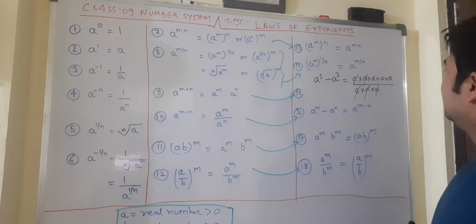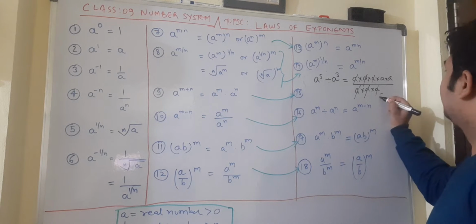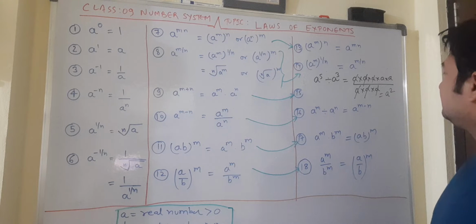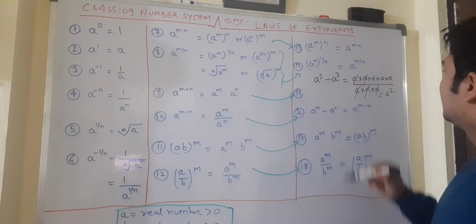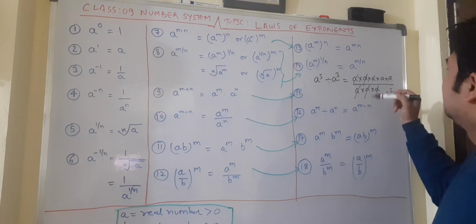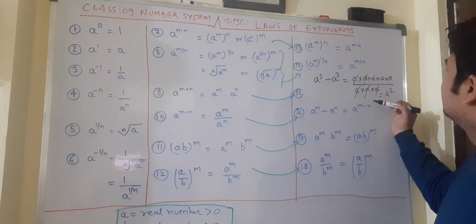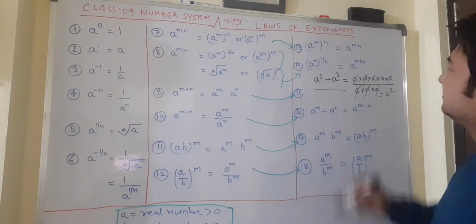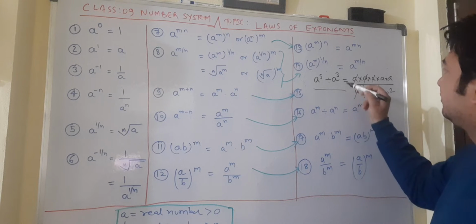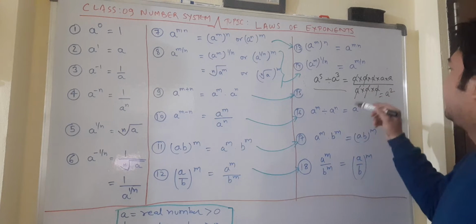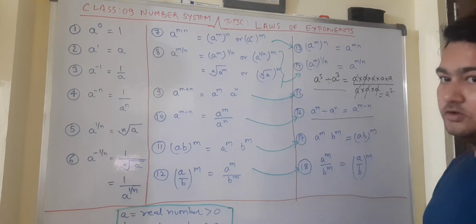So a to the power 2 will remain, a into a is a to the power 2. Because the 3, the smaller one, gets cut. So this is how a to the power m divided by a to the power n becomes a to the power m minus n. Hope this is also clear to you.